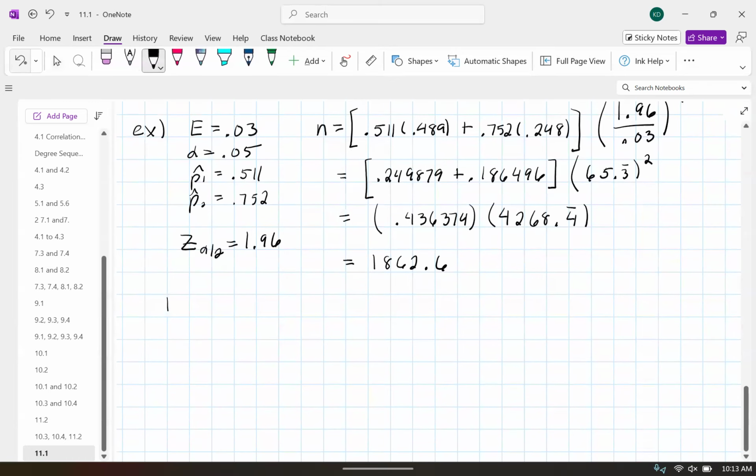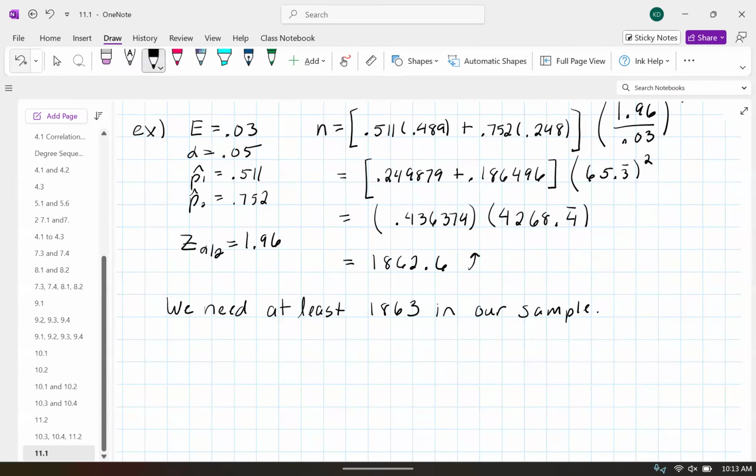So we need at least 1863 in our sample. So always go up to the next one.